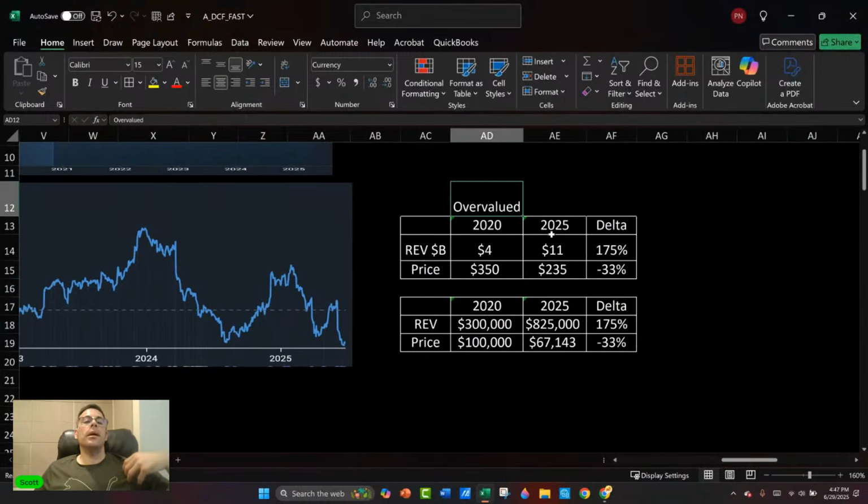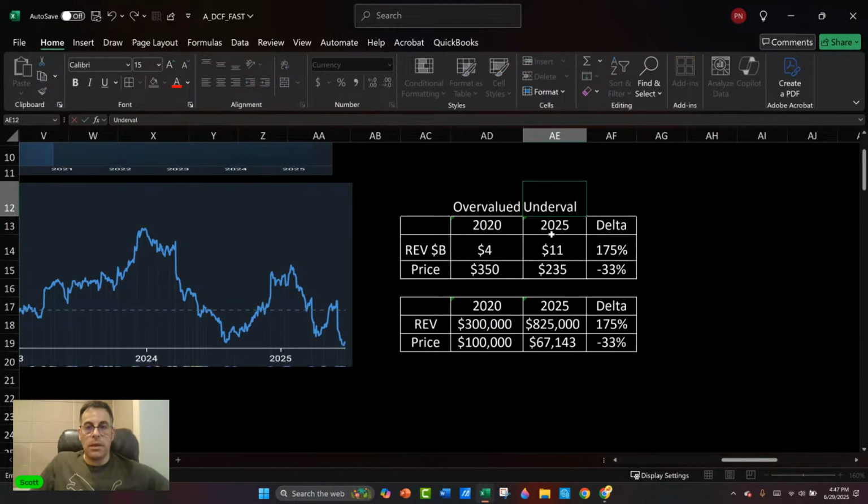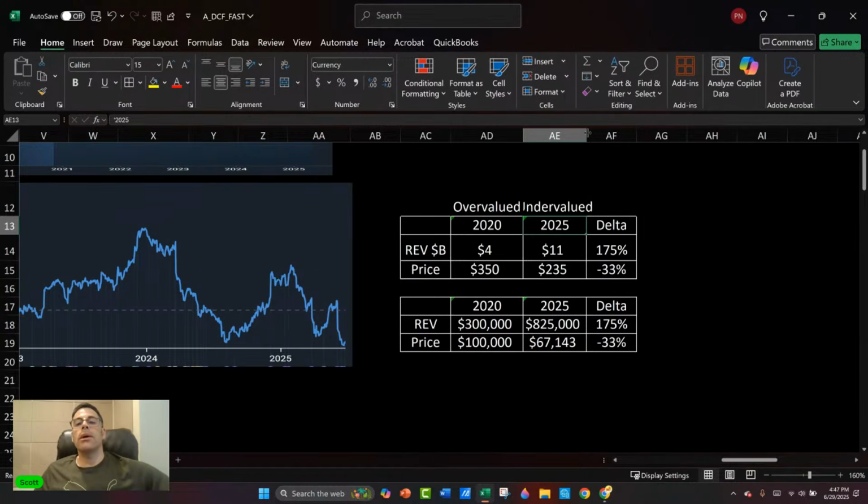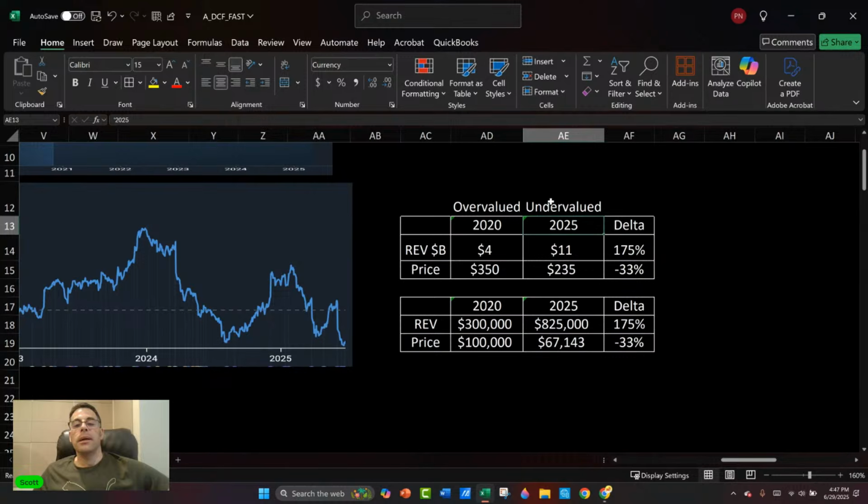So it was extremely rich. It was a bad deal. Or it was undervalued now. It's a great deal. Everybody should be buying Lululemon based on this information, right?